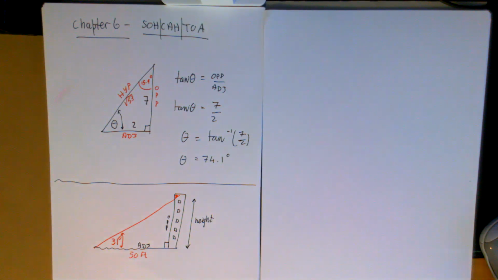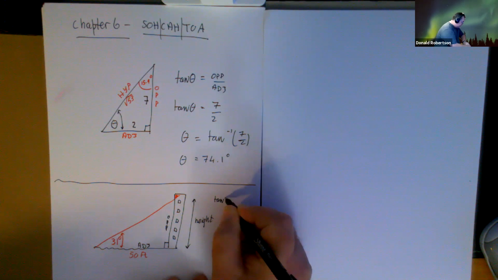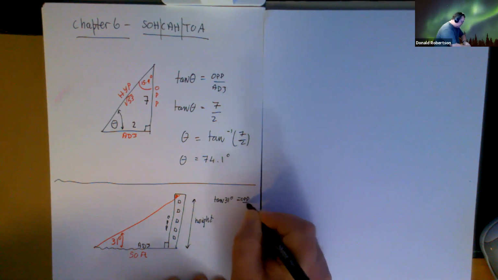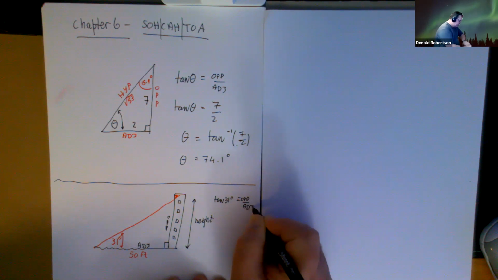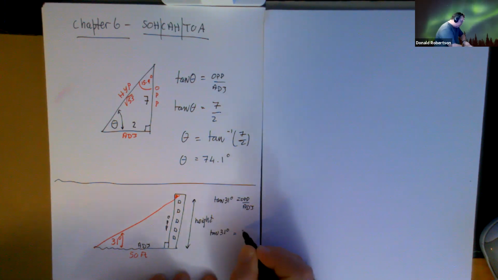But in this case, the tangent of 31 degrees is going to be the opposite over the adjacent, which is fine. The tangent of 31 degrees is the opposite, which is basically the height that we're trying to find, divided by 50 feet.